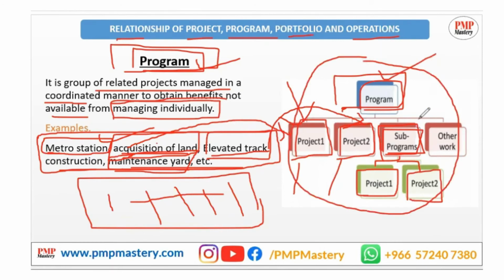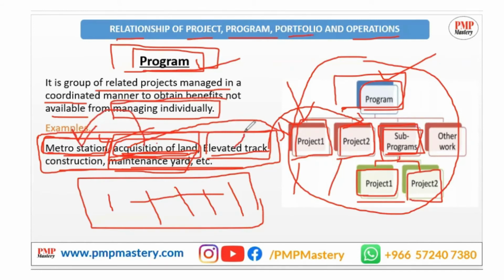There is a program manager and all these people report to him. So remember, a program is one of the functional departments that manages related projects, only related projects. The metro station is being constructed, and we are acquiring the land for the metro station.